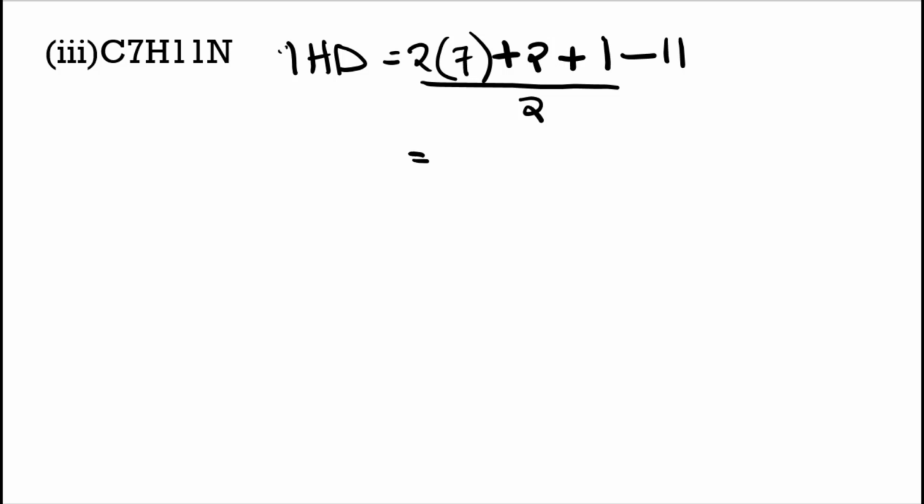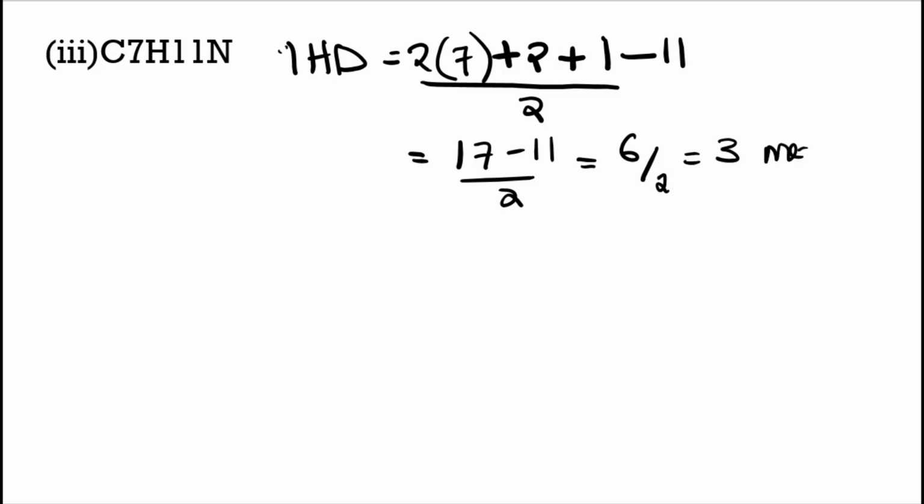We do the math. This will give us 14, 14 plus 2, 16, plus 1 is 17, minus 11, over 2, which will give us 6 over 2. So the degree of unsaturation is 3.